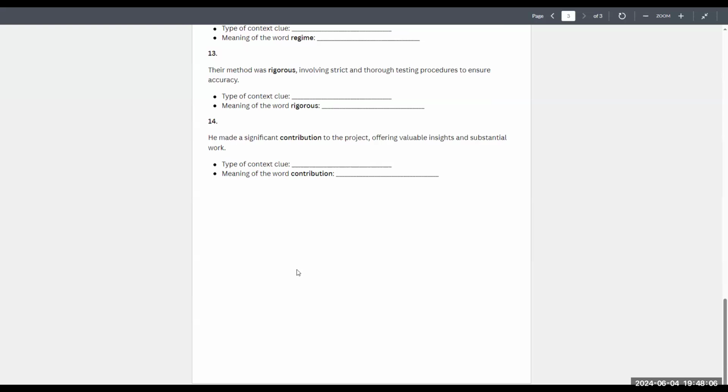He made a significant contribution to the project, offering valuable insight and substantial work. What does contribution mean? Offering values, right? Or with the value that is offering valuable work and insight. That would be contribution. And what kind of a statement is that? What kind of a clue is that? It's a restatement.